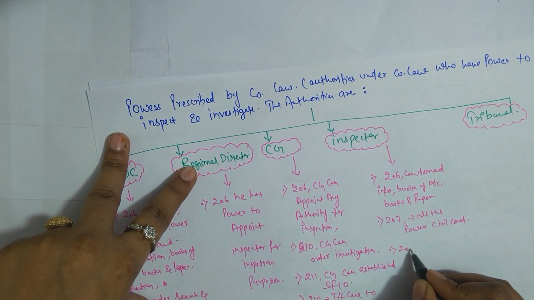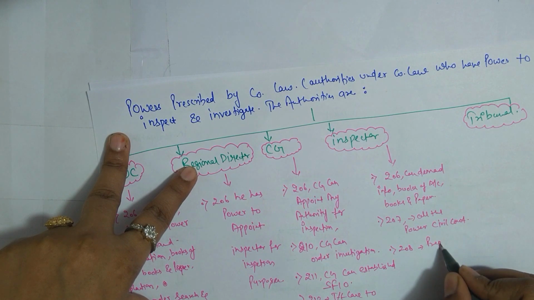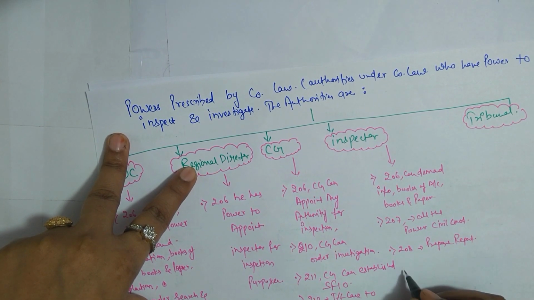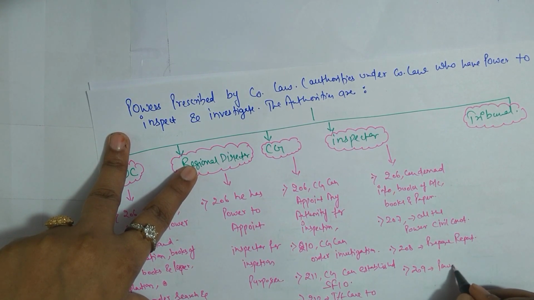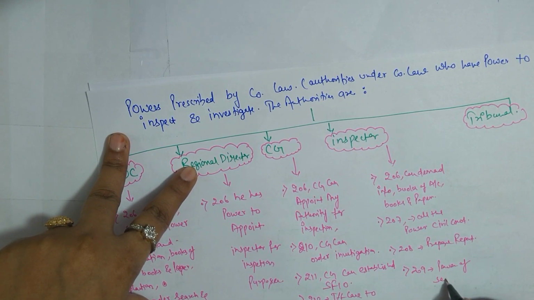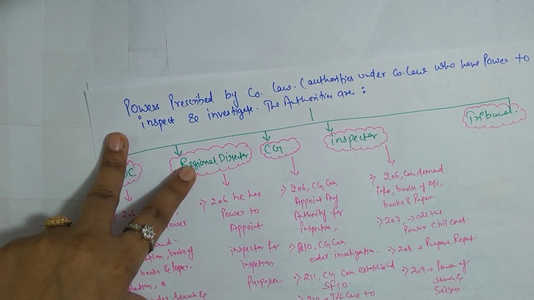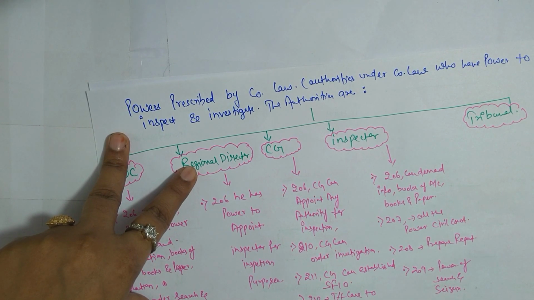Under section 208, he has the power to prepare a report. Under section 209, power of search and seizure. Search and seizure means to detain, to take the books of account and information into his own custody.